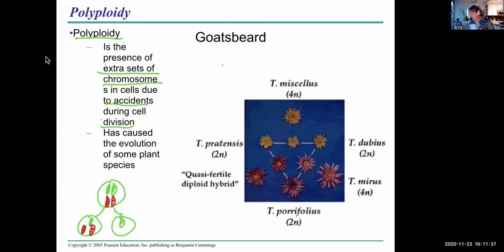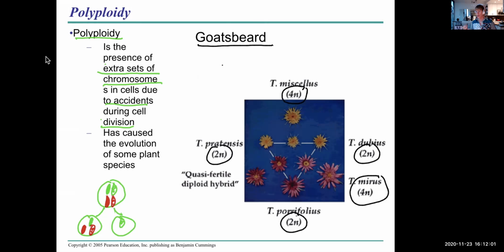So this is a good example, goat's beard. It happens quite often in plants. This one is 4N, so 4 sets of chromosomes. These ones are 2N. This one is 4N, a different set of chromosomes, and 2N. So these are different species of the same genus.